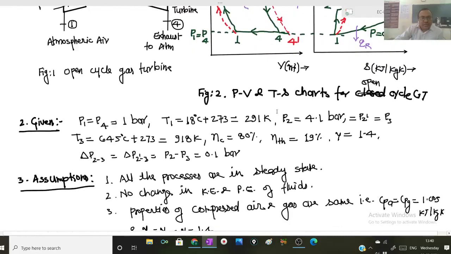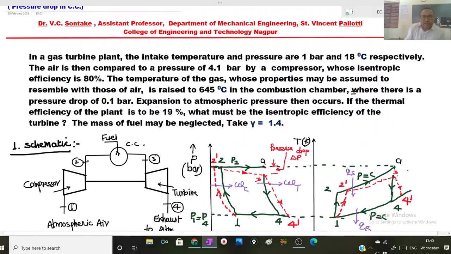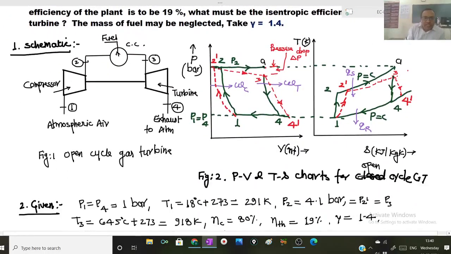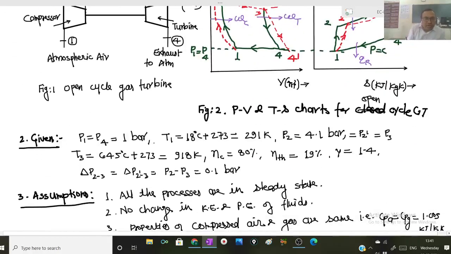Then you have been given the inlet pressure, as you can see here, 1 bar and 18 degrees Celsius. So point 1 represents the inlet condition to the compressor, and in process 4 to 1 there is no pressure loss during heat rejection. So P1 is equal to P4 is equal to 1 bar, that is, the inlet pressure of the compressor and exit pressure of the turbine are both the same. T1 is 18 degrees Celsius, that is 291 Kelvin.